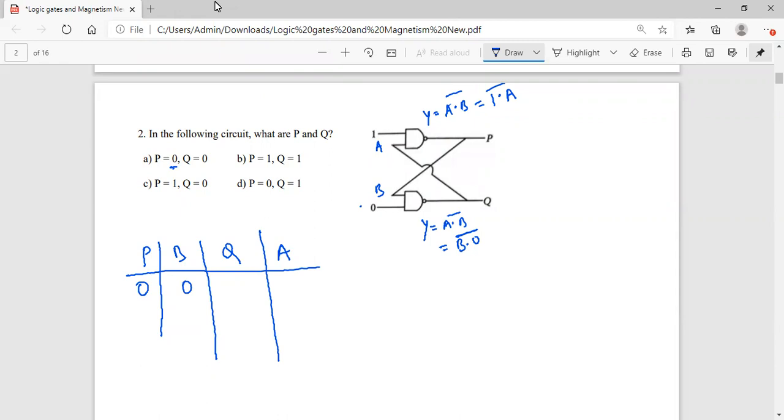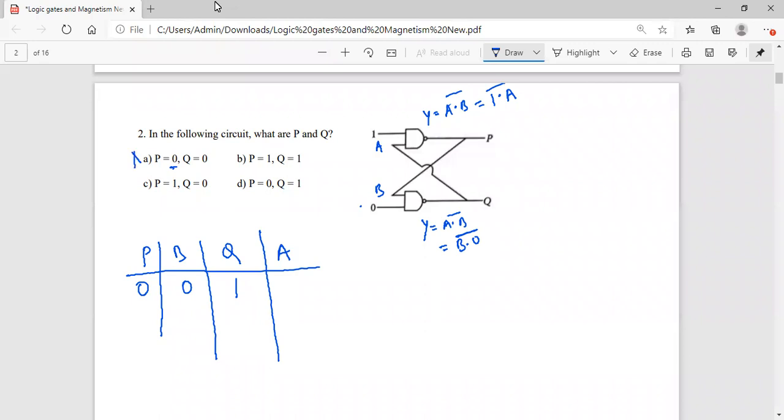Therefore Q is equal to 1. And this Q is connected to A. Therefore A is equal to 1. 1 into 1 is 1. 1 bar is 0, so P becomes 0. So here P is equal to 0, but we are getting Q equals 1. Therefore option A is wrong.